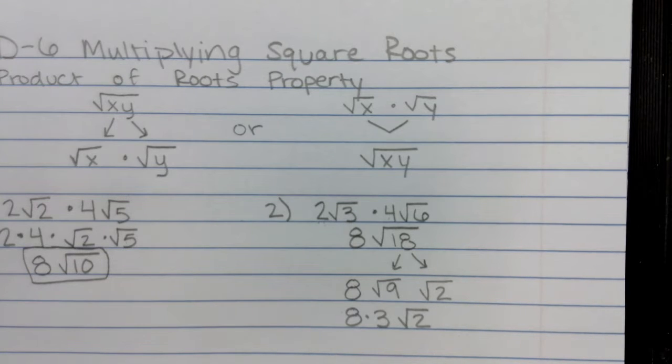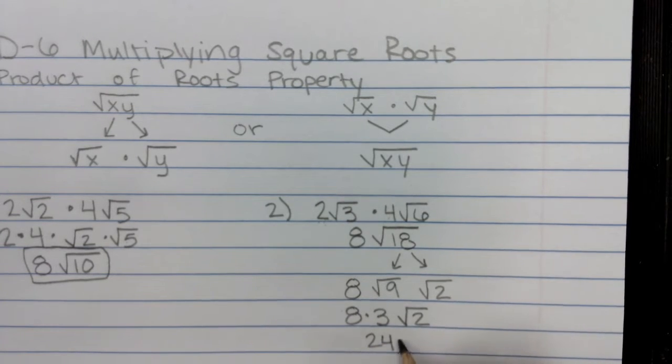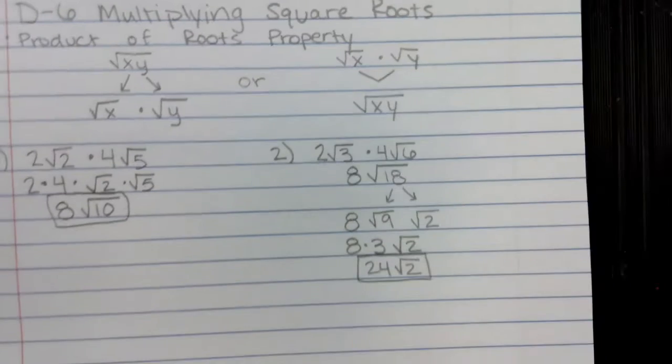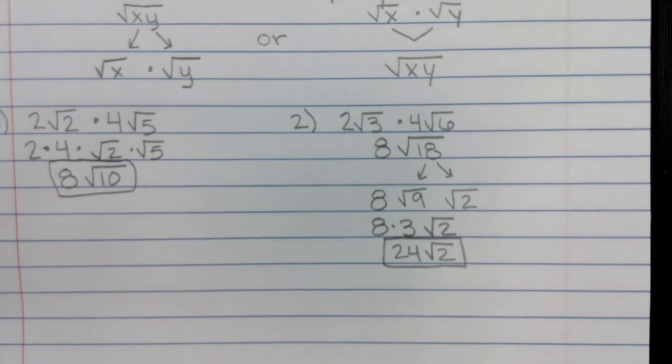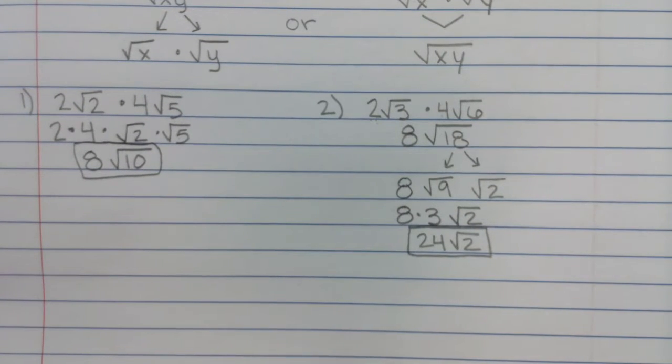All right, we have 2 more examples today. Number 3. This one's going to be a little bit similar, a little bit different. Here we have 2 square root of 12 times 8 plus 9 square root of 6.